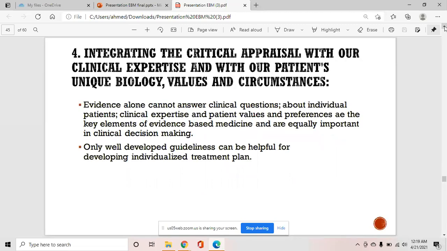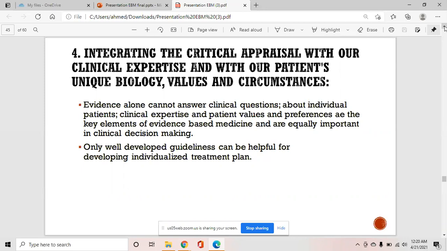Step 4 in evidence-based medicine is integrating the critical appraisal with our clinical expertise and with our patient's unique biology, values, and circumstances. Evidence alone cannot answer clinical questions about individual patients. Clinical expertise and patient values and preferences are the key elements of evidence-based medicine and are equally important in clinical decision making.